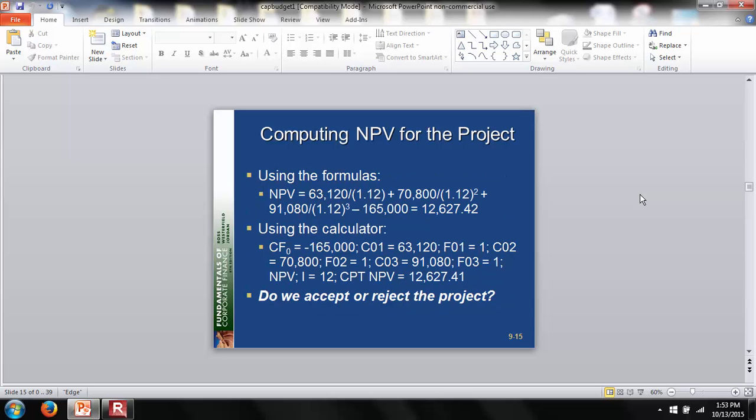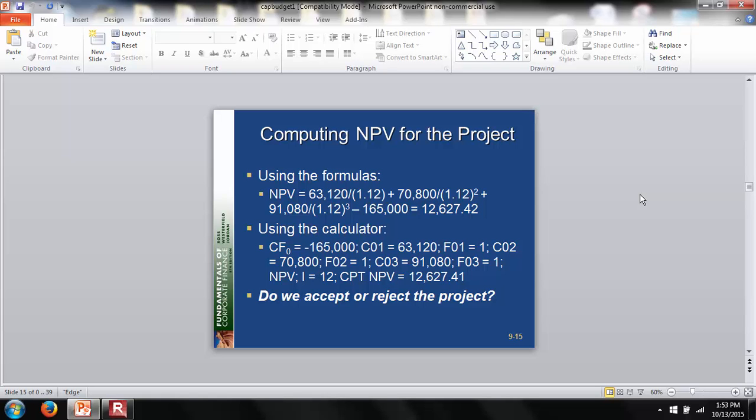Okay. So let's look at the NPV for the project. The NPV of the project is the present value of the cash flows received, which is the 63,120 in year 1. We want to find the present value of that. That's why we divided by 1.12. The 70,800 in year 2, again, we divide that by 1.12 squared.